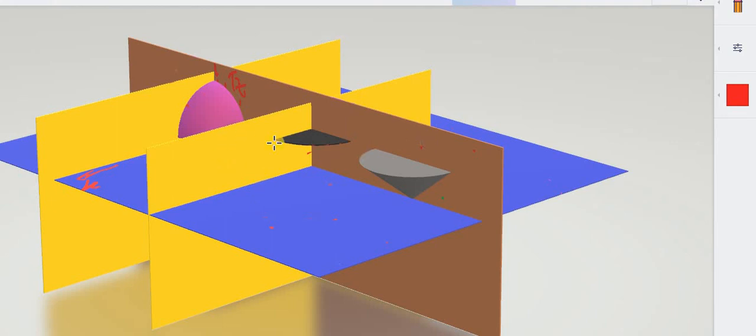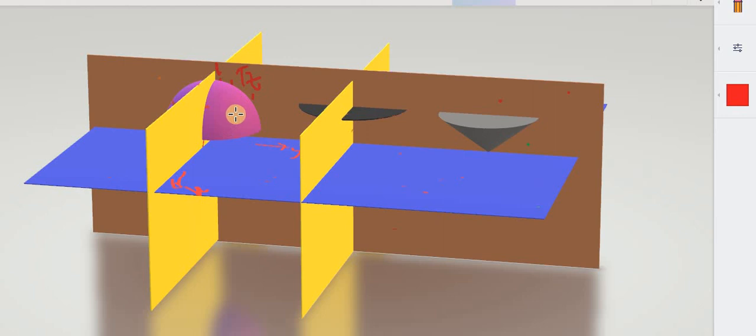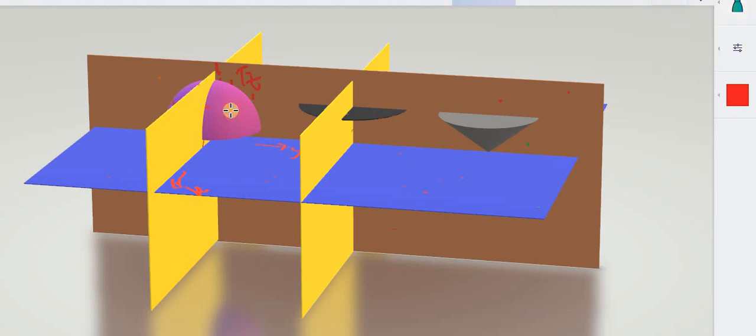Now see the directions. This is R, and any point P is presented as P(x, y, z).